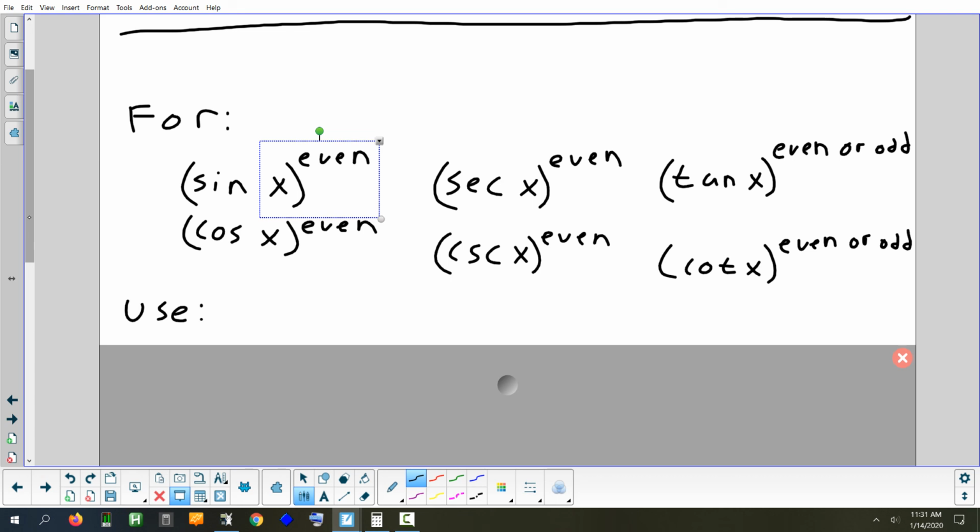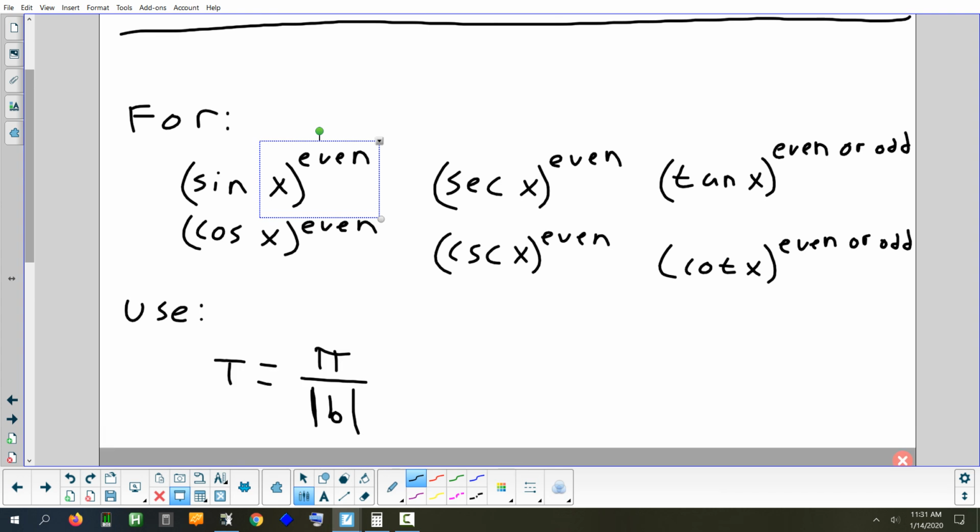That 2 is even. What was the period of sine squared when we did it? Pi. So to calculate the period, the formula for any of those is pi over b. Again, b is the number in front of x. Let me just put that in.